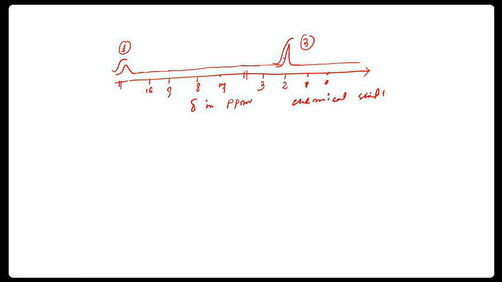It indicates that the number of protons is 3 times that of the other. So, for example, CH3C(=O)OH: this is for the OH proton, and this is for the CH3 protons. The number of protons is 3, that's why its intensity is 3 times that of this.